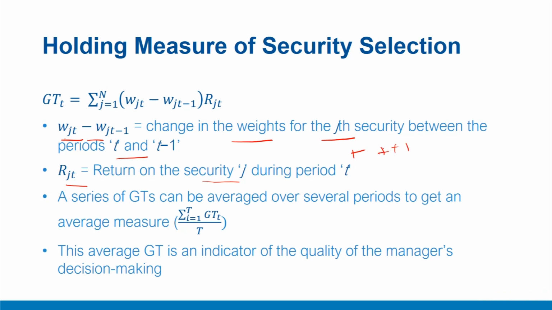A series of G_T values are averaged over a period to get the combined measure, which is the summation of G_T over time divided by T.